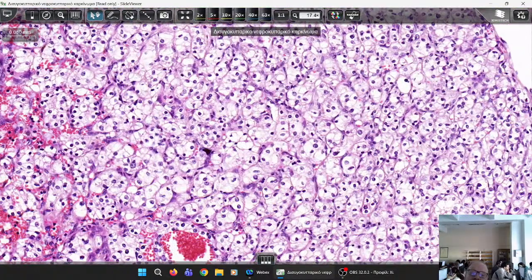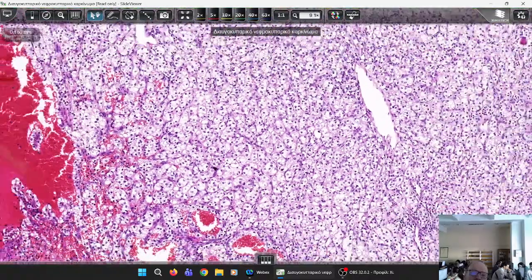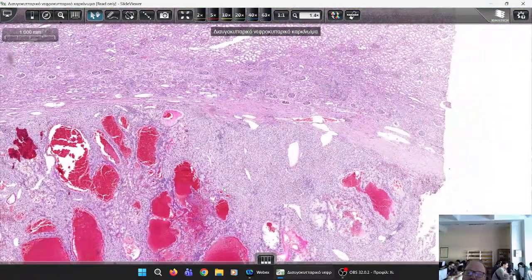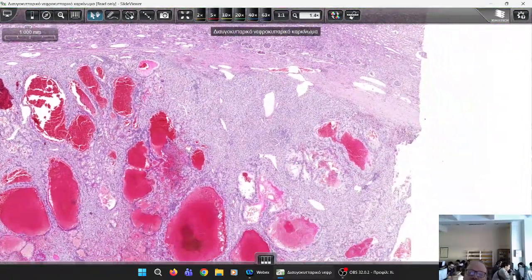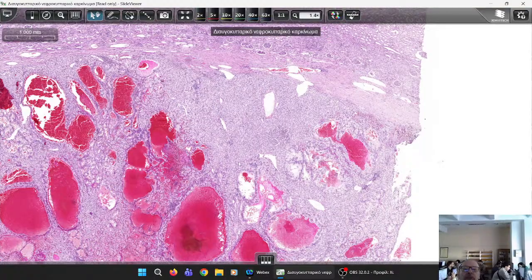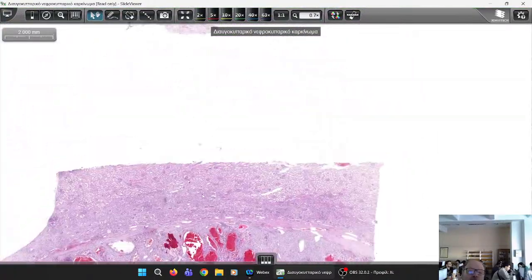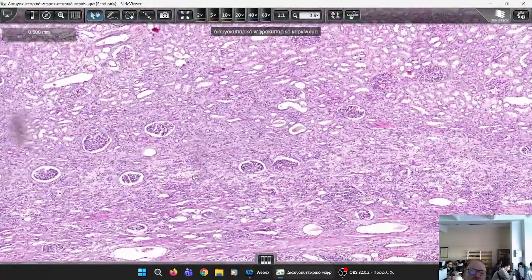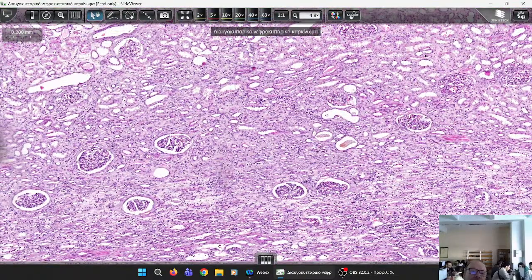Here are the acini. The acinar pattern is the most common one. However, there is also a tubular pattern observed here. That means that cancerous cells form tubules. And here we have the tumor adjacent parenchyma, which is somehow compressed by the tumor and consists of the normal structures of the renal parenchyma.